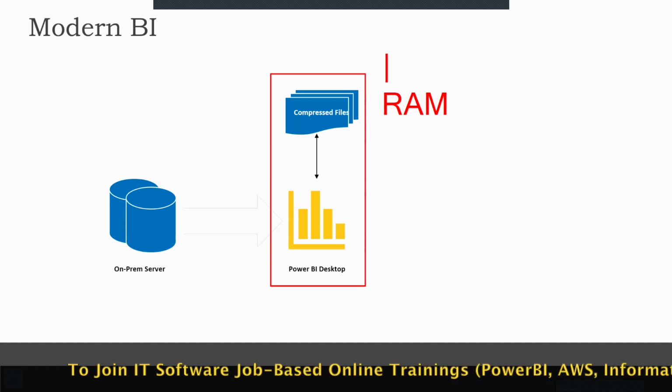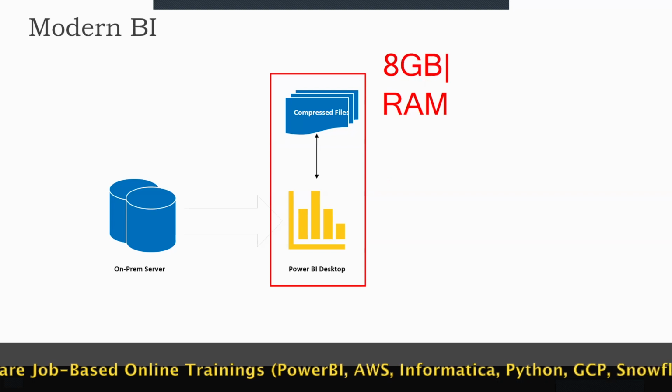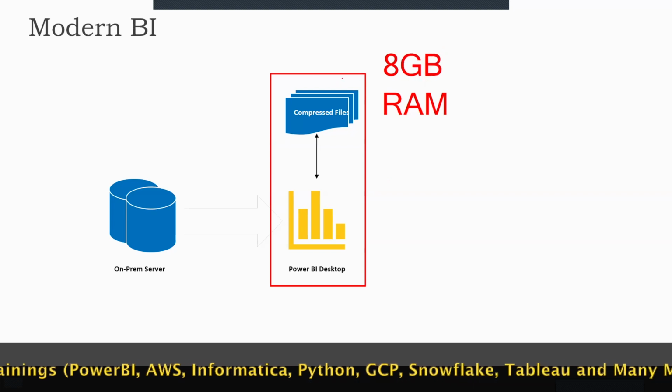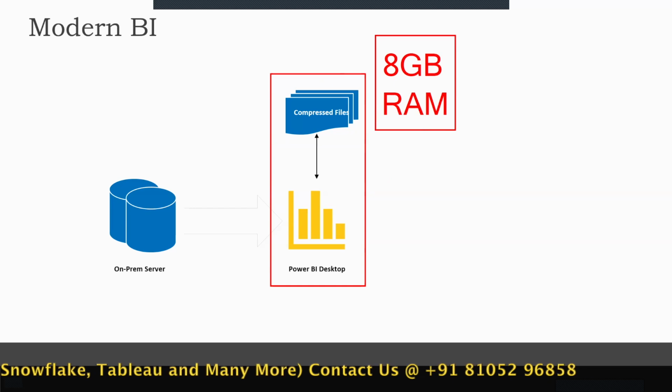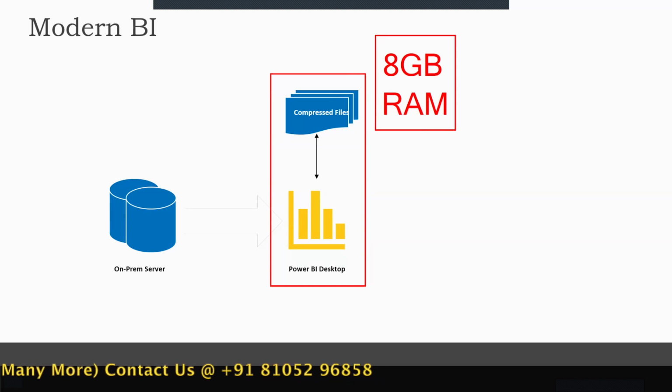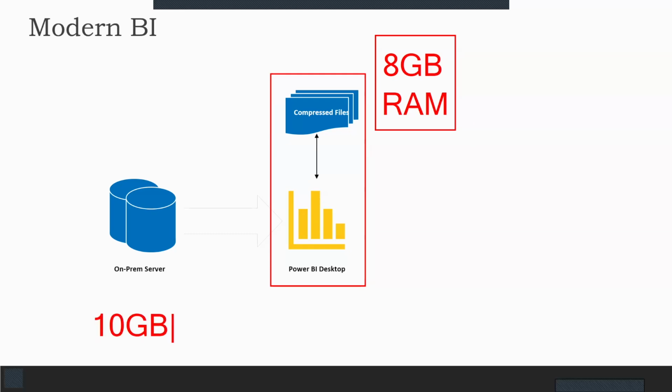Now, let's say, for example, we have about 8 GB of RAM. That's what we have here in my laptop; I'm considering that as an example. Let's suppose from the database we have 10 GB of information coming in. That 10 GB is not going to be stored as is. We are doing some compression on top of it.